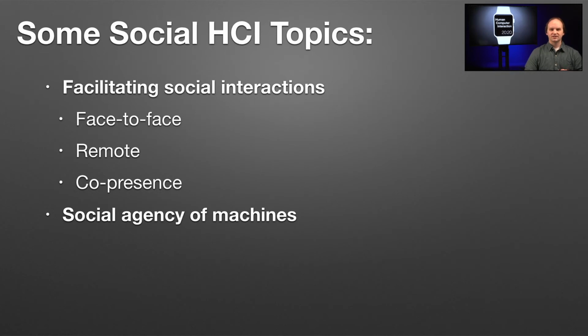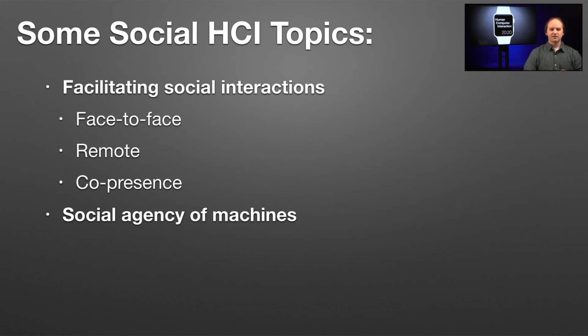So things like a telephone or FaceTime, or whatever technology you might use to allow communication to happen. That would be a remote example. We also have face-to-face communication, which first of all we have to understand in order to develop technologies that are going to extend or augment it in any way.